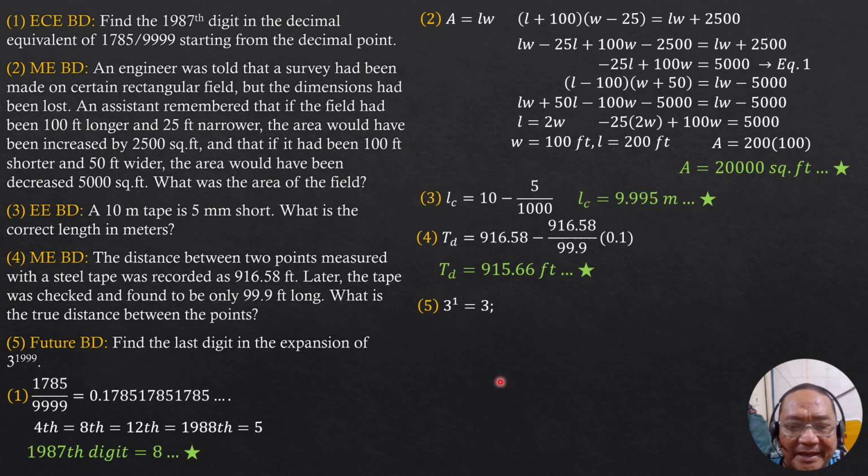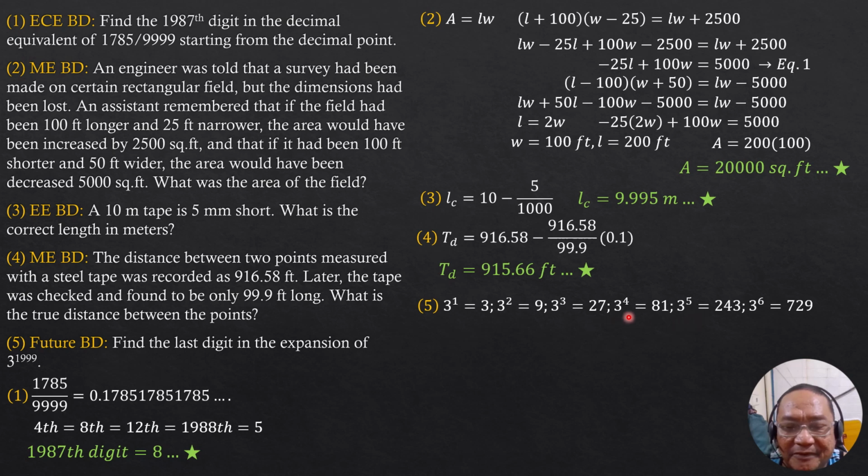Then finally, find the last digit in the expansion of 3 to the 1999. So 3 to the 1 is 3, 3 to the 2 is 9, 3 to the 3 is 27, 3 to the 4 is 81, and 3 to the 5, 243, 3 to the 6, 729, and so on and so forth. Notice that if the power is 1, it's 3, and it is repeated for every fourth cycle.